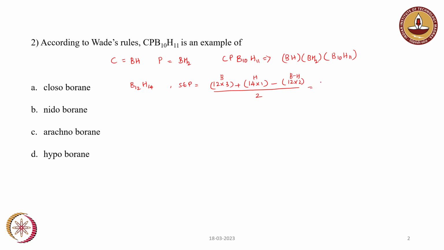That will be 36 plus 14 minus 24 by 2, equal to 13. So SEP is 13, which is n plus 1, and n will be 12, which will be closo. So we have B12H14, n is 12, so it's a closoborane.